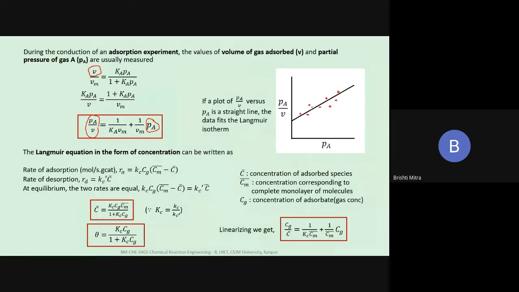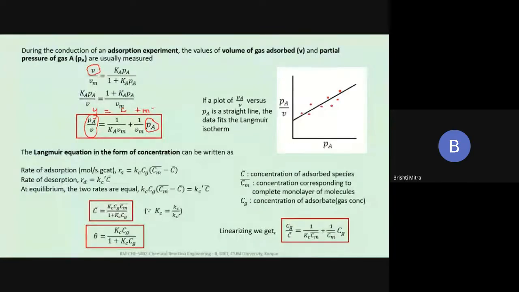And if you plot the values, this comes out like these red dots which are there. The nature is like a straight line, but it is not a perfect straight line. But we can draw a straight line through this as a minimized curve. And if you look at it, this is a straight line equation. Y is equal to mX plus C: this is my Y value, this is my C value, and this is my M value, 1 by Vm, and PA is my X. So based on the straight line equation, I can plot it, and we will get a straight line.